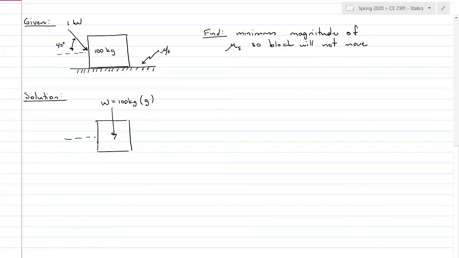I have my force here of 1 kilonewton, or 1,000 newtons, at 40 degrees. And then I have the friction force that's pushing against the 1,000 newton load, so it's pushing down and to the right. So my friction force needs to push back at it to the left. And then my normal force, which is acting perpendicular to the surface.